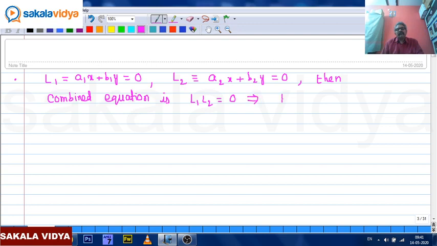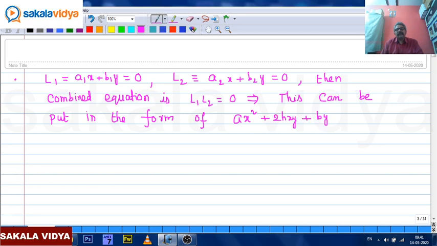So this can be put in the form of ax square plus 2hxy plus by square is equal to 0. So that is a second degree equation in x and y.